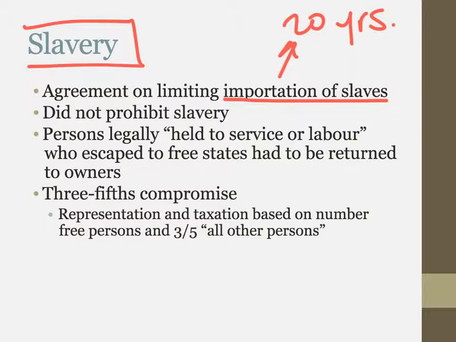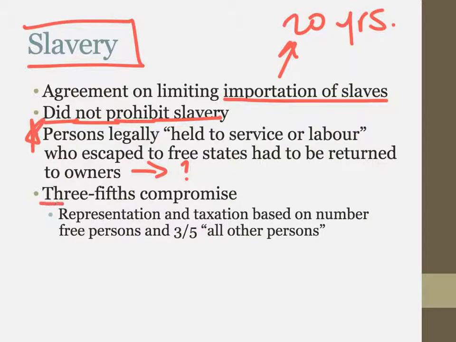They did not prohibit slavery. In fact, they don't even mention it. There is a fugitive slave clause in there: people legally held to service or labor, because they don't use the word slave, who escaped to free states had to be returned to their owners. Although it has iffy enforcement, so it isn't all that effective.